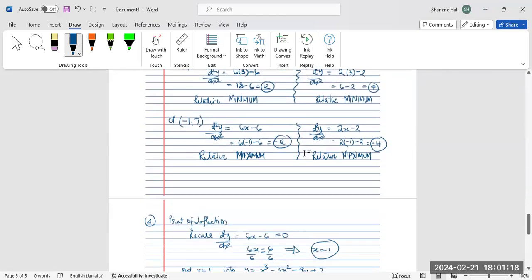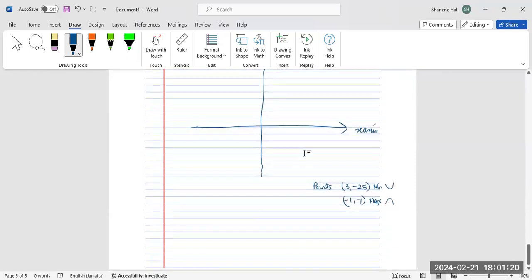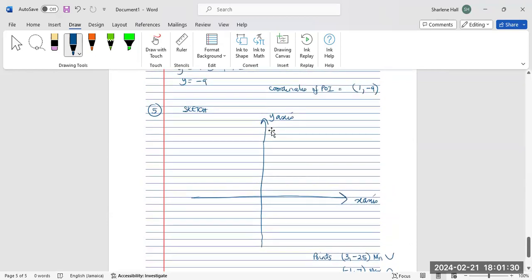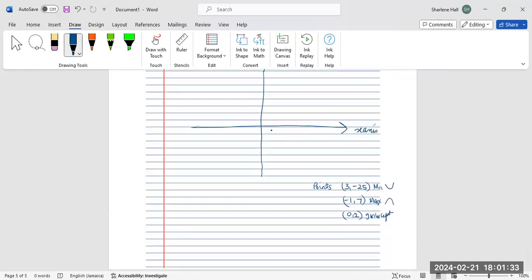The other point I want now is my y-intercept, 0, 2. And then 1, negative 9 is my point of inflection.